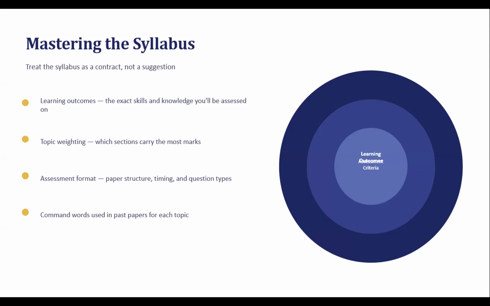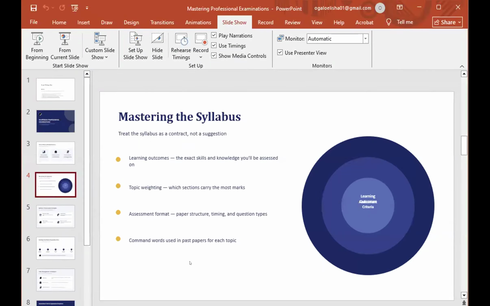Now, topic weighting. I've talked about the topic weighting, but let me give a practical example. I want you to understand weighting in a simpler format. There are certain learning areas. Let's say you are doing project management in procurement.